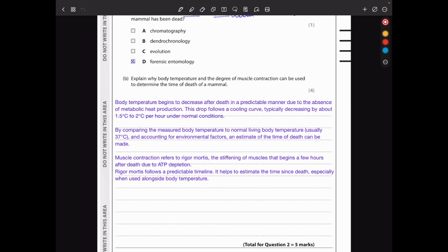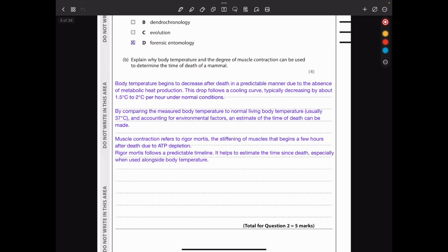So I said body temperature begins to decrease after death in a predictable manner due to the absence of metabolic heat production. This drop follows a cooling curve, typically decreasing by about 1.5 to 2 degrees per hour under normal conditions. By comparing the measured body temperature to normal living body temperature, which is usually about 37 degrees, and accounting for environmental factors, an estimate of the time of death can be made.